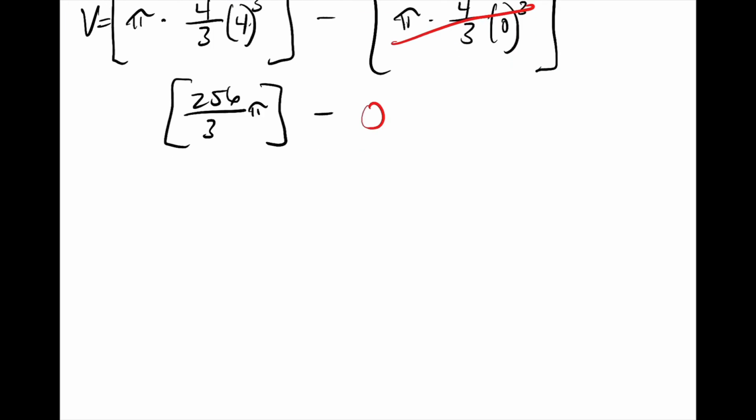So 256 divided by 3 times pi. I get 268.083.